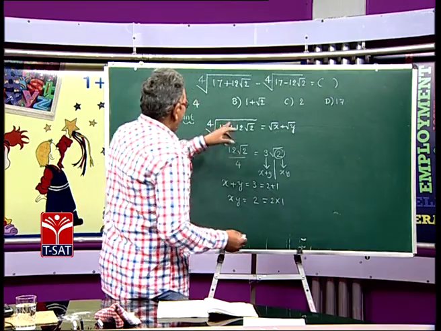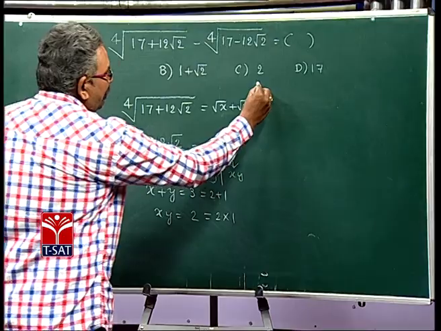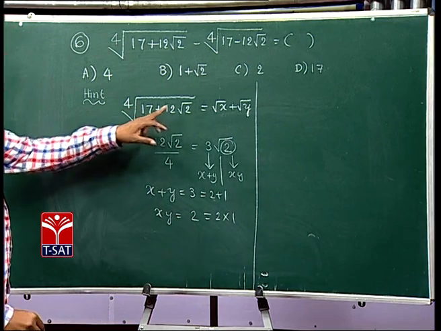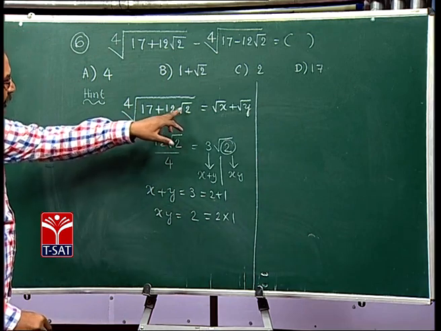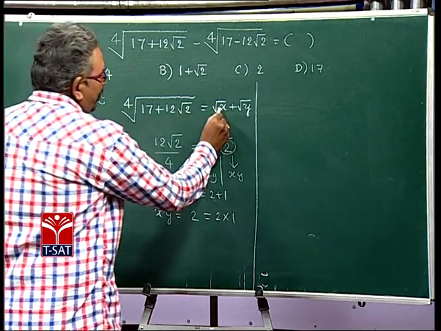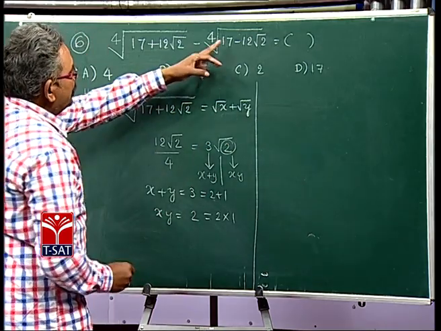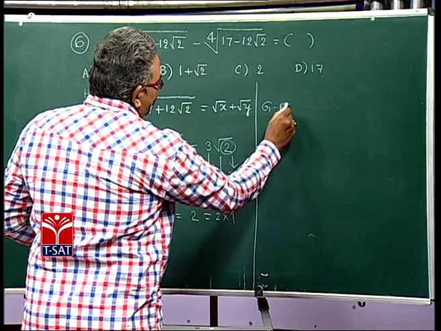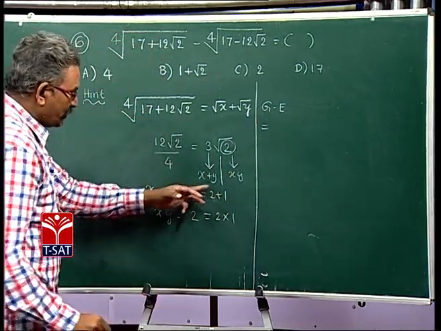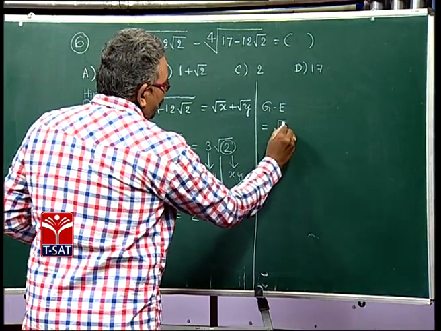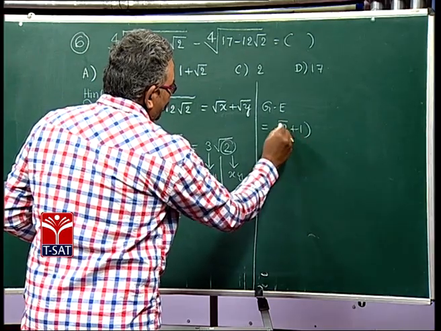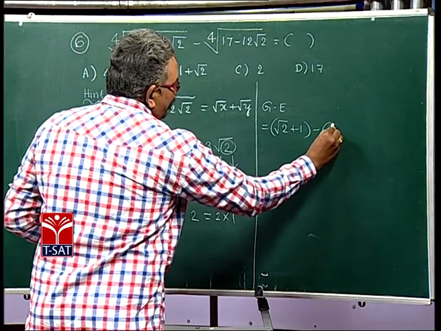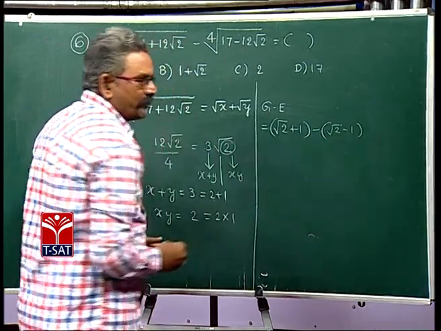So now let us come to our question. The fourth root of 17 plus 12 root 2 is equal to root x plus root y, and this will be root x minus root y for the conjugate. So the given expression becomes root 2 plus 1, minus the conjugate of this one, root 2 minus 1.